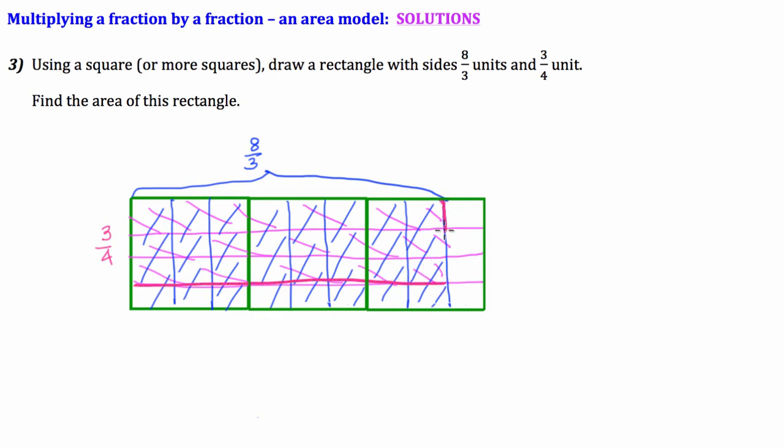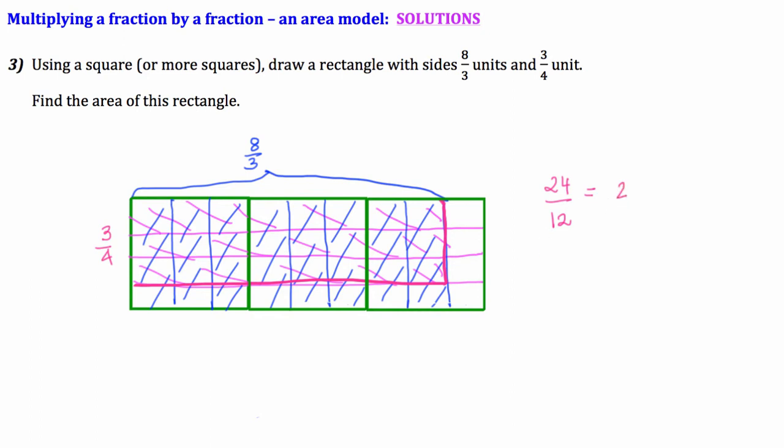So what's the area of this rectangle? You will notice that each whole has been split into 12 equal parts. So each of these boxes is a 12th, and we have 24 of these boxes shaded in. So the area of the rectangle is 24 twelfths, which is equal to 2 wholes.